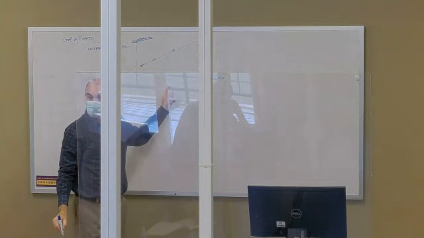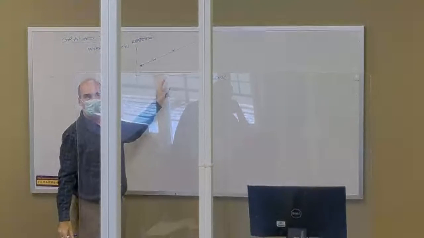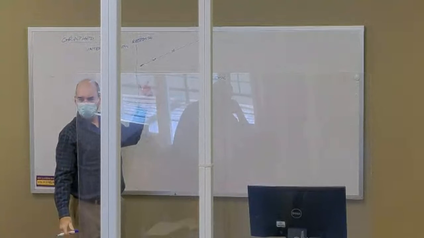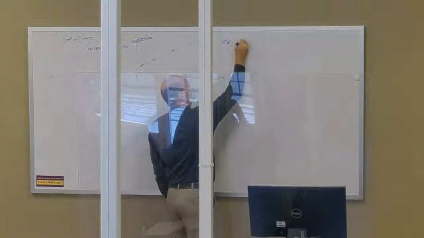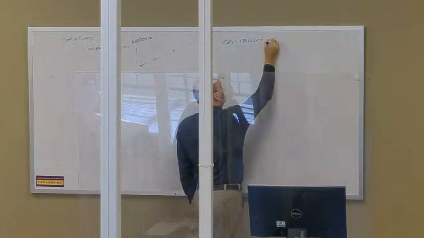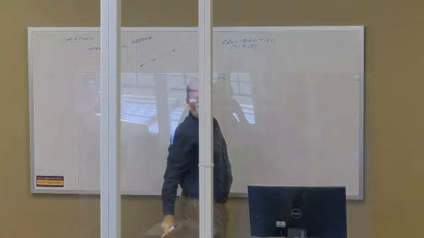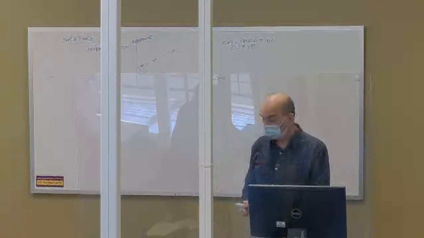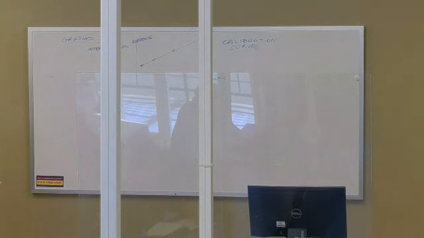And if the world is shining down on you nicely that day, you get a straight line. Beer-Lambert equation is supposed to be linear. What's that called? What have I just made? From known standards, calibration curve. I am confident that this is the response that the instrument gives me, or the technique gives me for known concentrations.